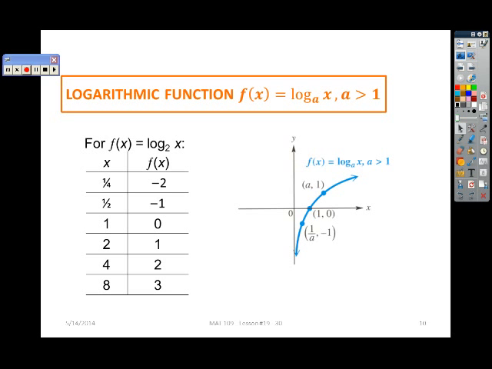So this is the shape you'll get for the logarithmic function when a is greater than 1. And it has some similar type of behavior to what you saw in the exponential. It has an asymptote, and it goes through certain points. Now, this is the inverse function of the exponential, so it's not going to have the same asymptote or the same points, but it's similar.